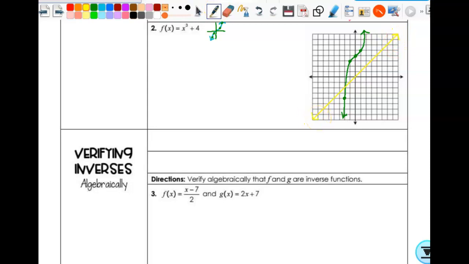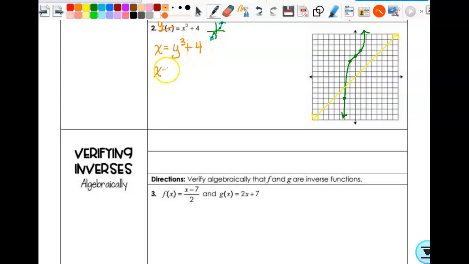And then I don't graph my inverse right now, because yes, I know to find the inverse, I just switch x and y. But what I'm trying to figure out is, am I finding it correctly algebraically? So I need to find the inverse function, then graph it, and then see if they are inverses. So I'm going to change this to y. So this becomes x equals y cubed plus 4.